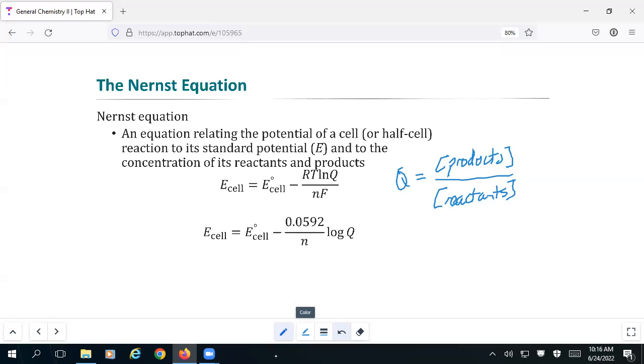Now, one important application of that: if you noticed yesterday, if you're paying close attention to the stuff that we were using, you'll notice we weren't actually collecting at standard conditions. We weren't using 1 molar solutions of all the metallic salts. We were using 0.1 molar. Now, the reason we were using 0.1 molar instead of 1 molar was because we could get away with it.